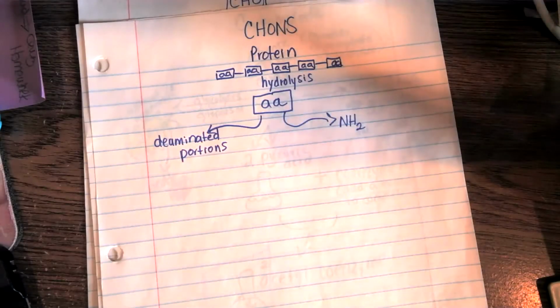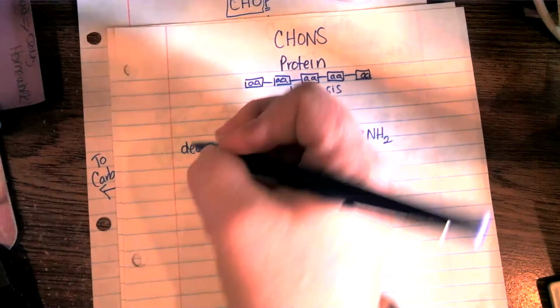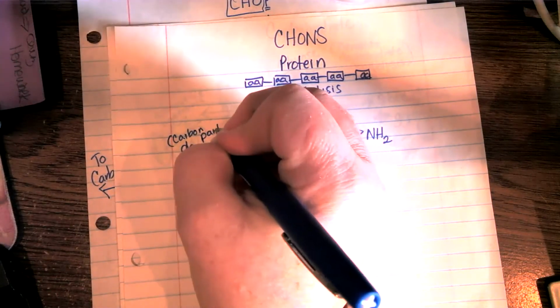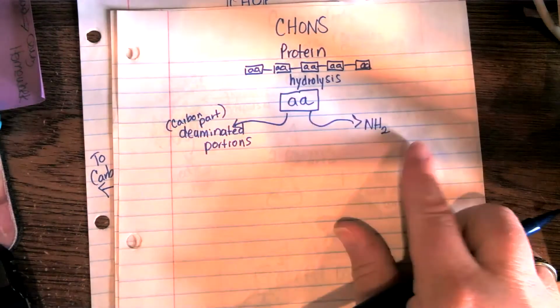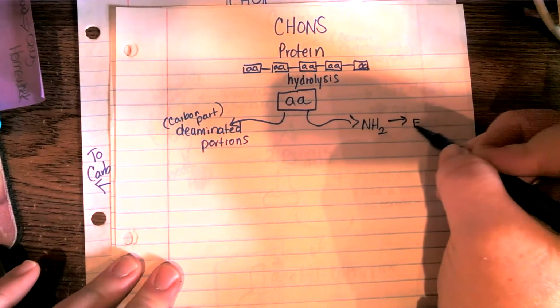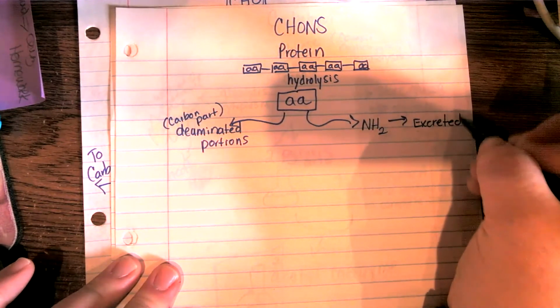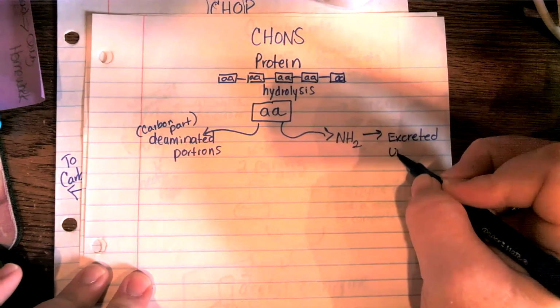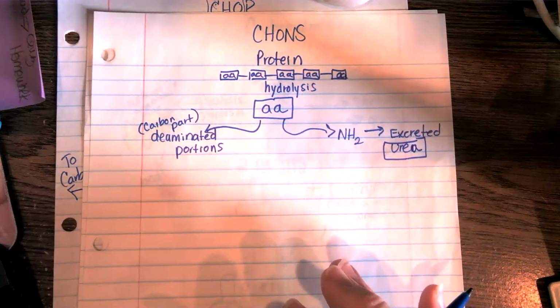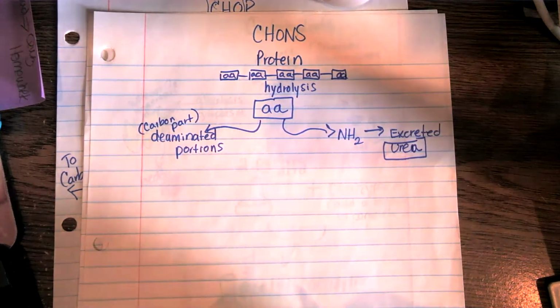So I wanted you to know there's more to that. I'm going to put the carbon part, the carboxyl group and the NH2 group. Now the NH2 group gets released, that's a waste. There's nothing we can do with this. It's excreted in a type of material we call urea, which is excreted in your urine.